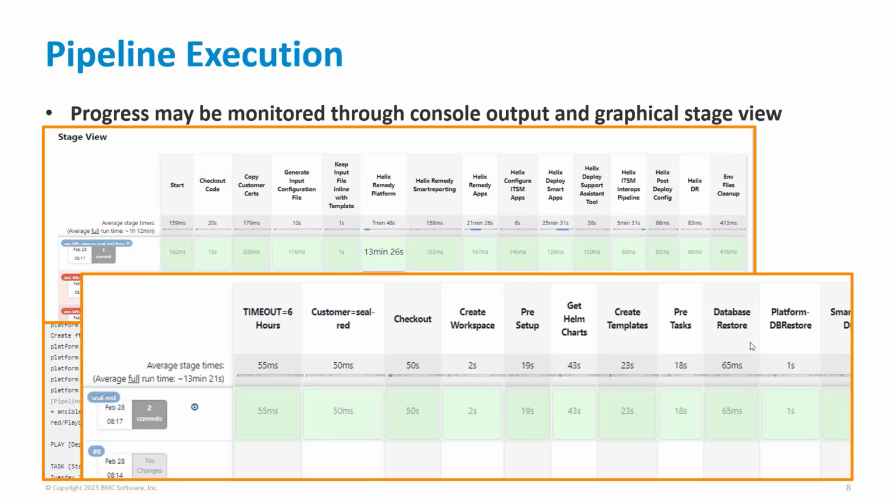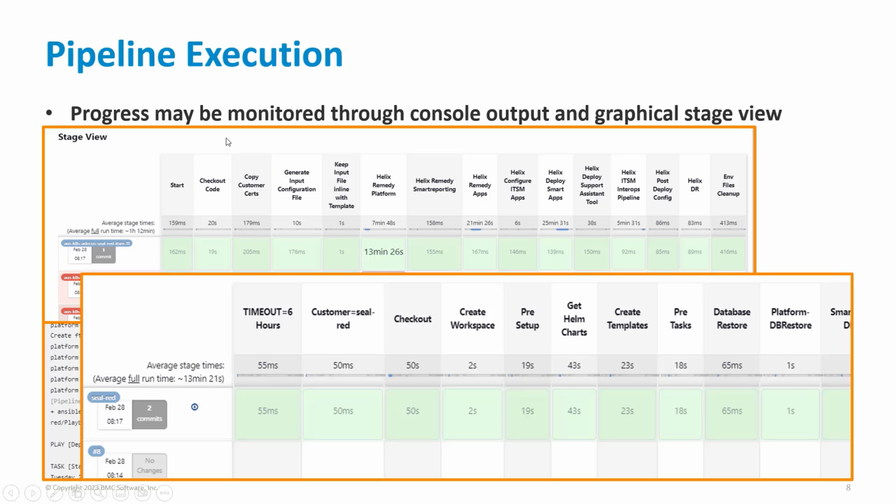This graphical representation gives you the different stages: which component the system is currently trying to deploy, and what the further stages in this pipeline are. As you can see, there are stages like create a workspace, pre-setup, get the Helm charts, create templates. So during one specific pipeline deployment, you will see these different stages.